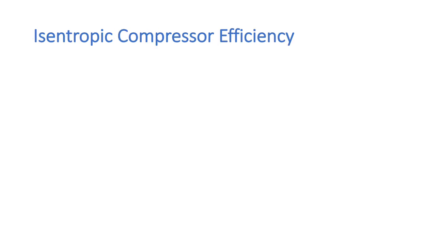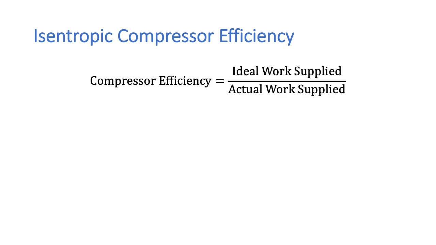We can therefore define an isentropic compressor efficiency, and this is defined as the ideal work supplied divided by the actual work supplied. Note that this definition is the reciprocal of the definition that we had given for the turbine. We define it this way so that the efficiency will always be less than 1.